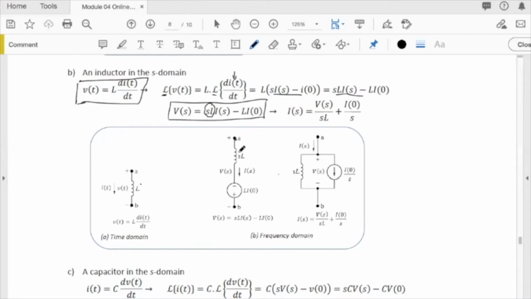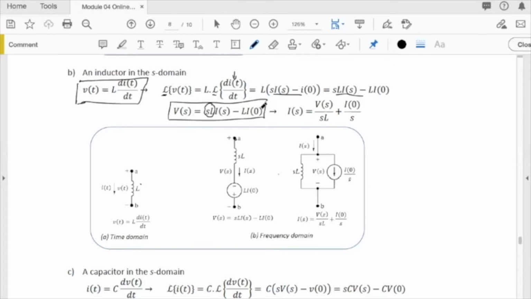When you have a current flowing inside this inductor, based on Ohm's law, you will be able to generate a voltage. That's why you have sL multiplied by I(s) equal to the voltage.